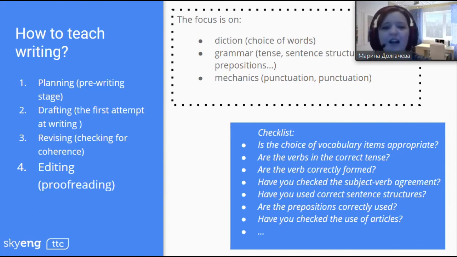Editing and proofreading is also really useful to make a piece of writing even better, to improve it, even if there are no mistakes. As Scott Thornbury says, there is always a chance to make a piece of writing even better. So editing and proofreading is really useful and important.